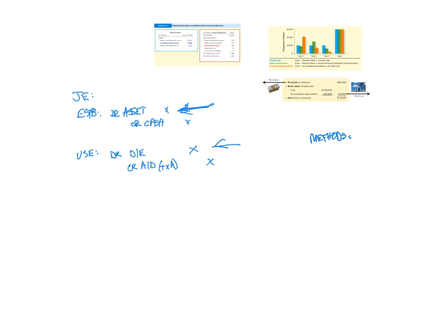The second method that we looked at was units of production. Units of production is calculated by taking cost minus residual value, again subtracting out the value you're not going to depreciate, and dividing by total estimated units produced over the life of the asset.